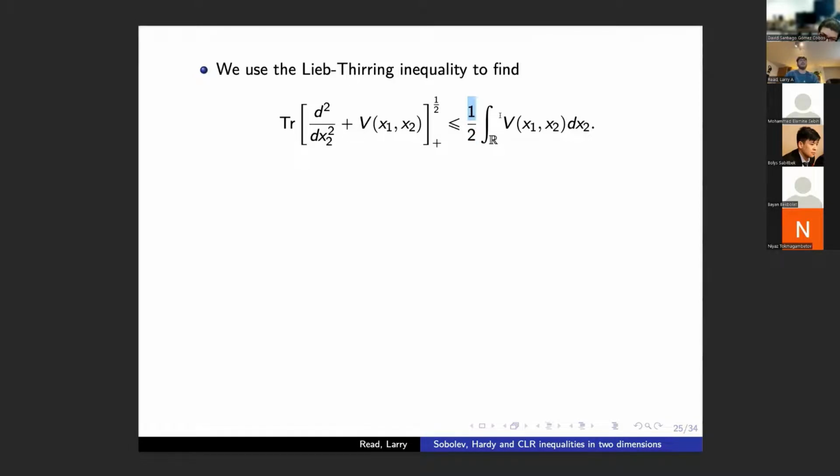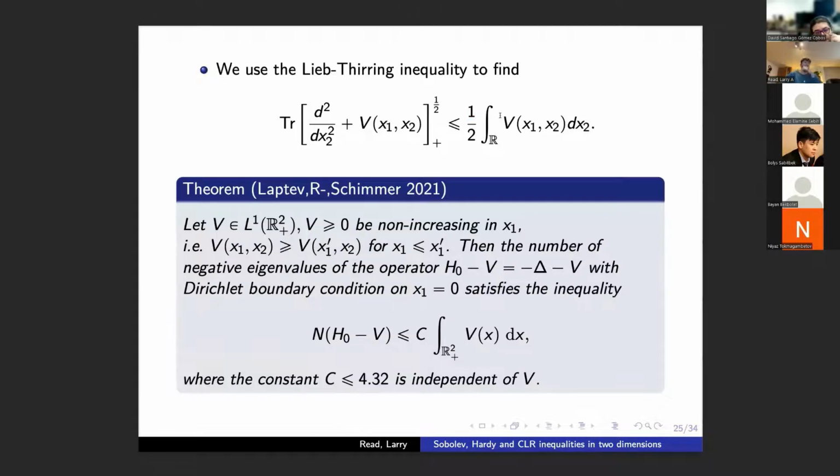And what we get here then is the first result. And again, we did find a value for our constant here, but clearly it's far from the sharp constant that we want in this case. So we can do this with the half plane.